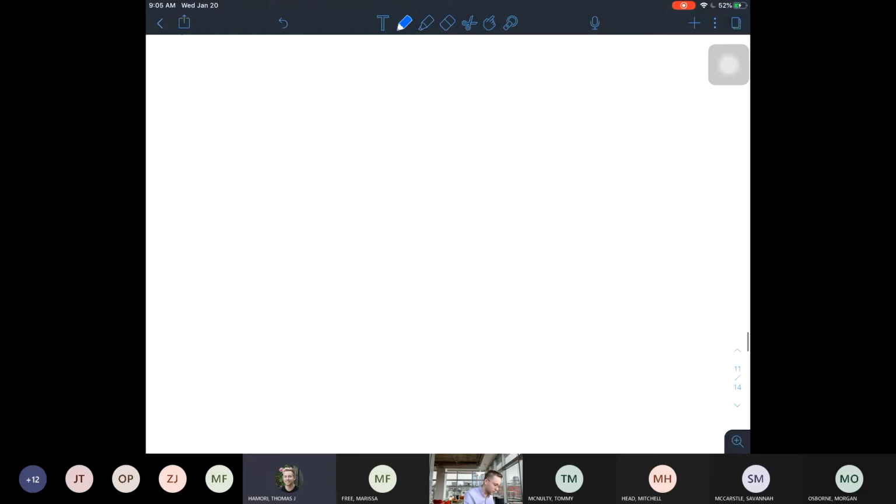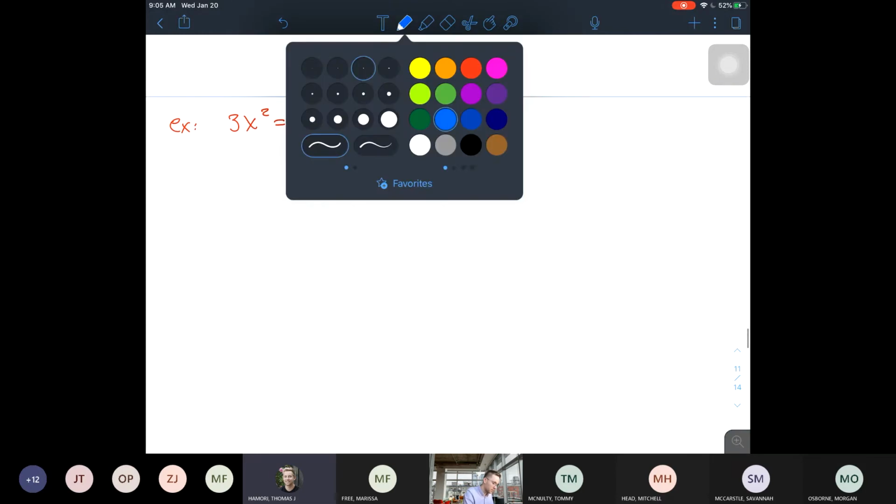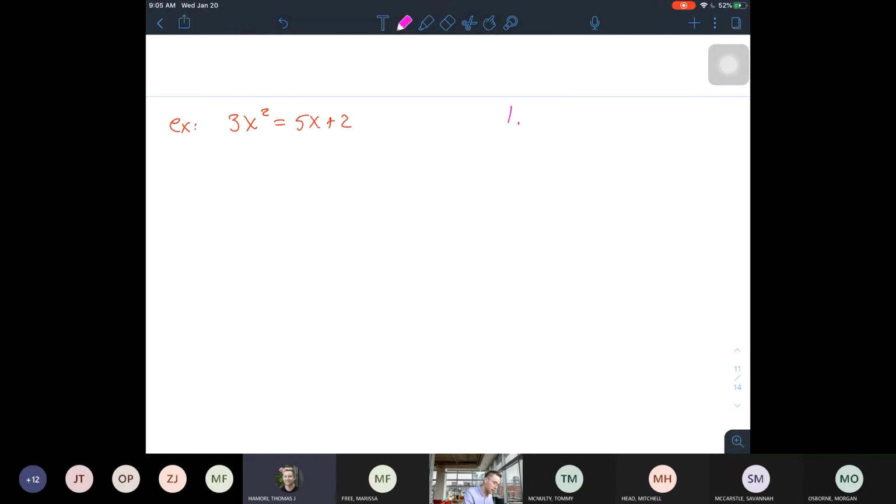So let's try using the quadratic formula to solve this equation. Again, the steps are going to be: get everything on one side and identify the numbers a, b, and c.